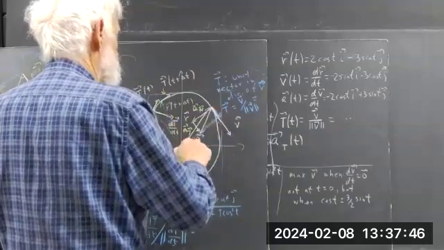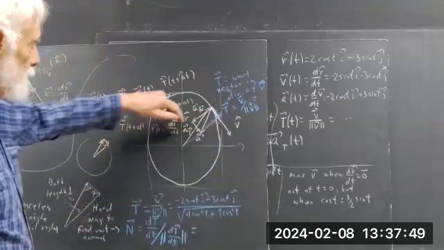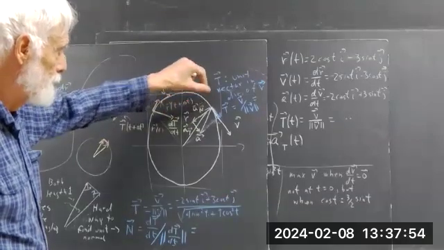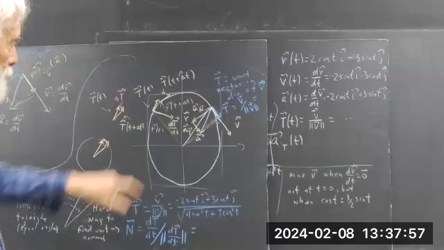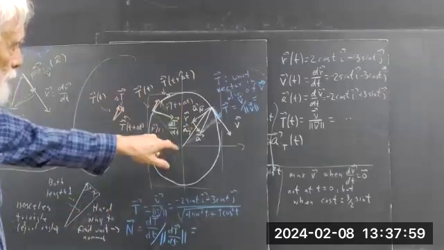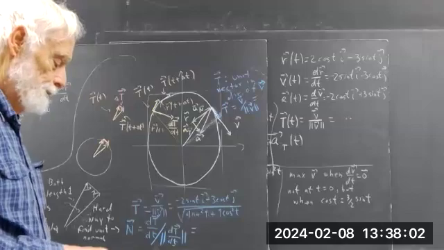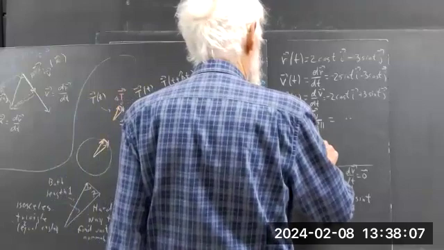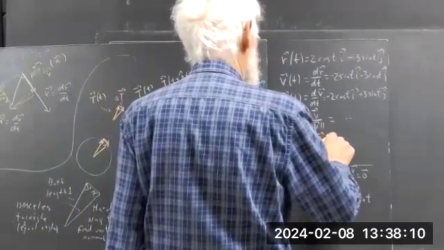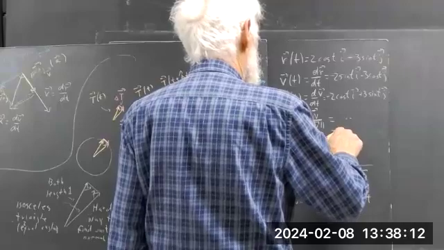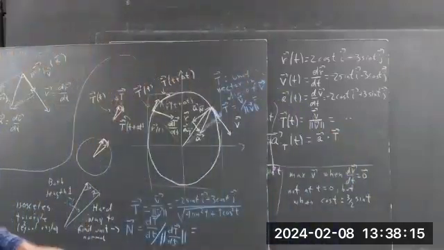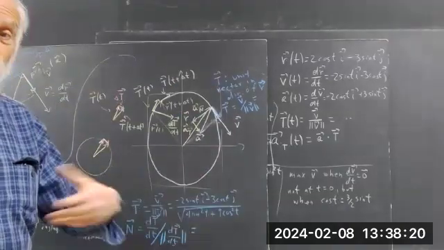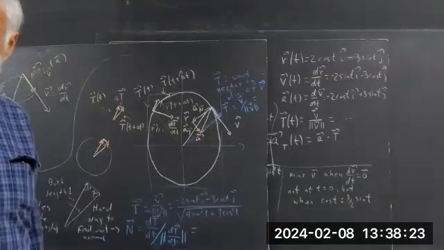It's A sub N. Actually, I don't need to put that arrow over the subscript. And what's A sub T? It equals just A dot T. When you project onto a unit vector, you don't have to divide by the magnitude. The magnitude of the unit vector is one.